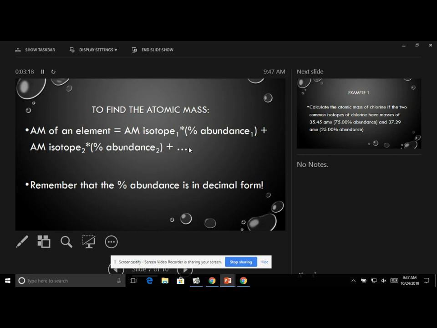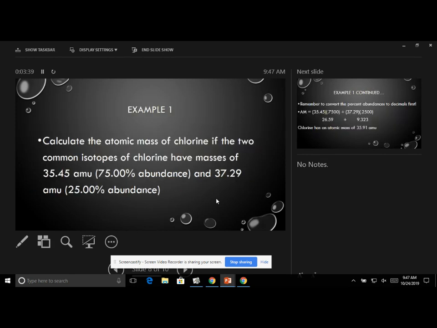And you would do that for however many parts there are. There's always going to be at least 2 isotopes you're talking about, but there could be 4 isotopes. You would do the same thing, adding all of the pieces together. And remember that you always have to convert your percent to a decimal in order to do math with it.